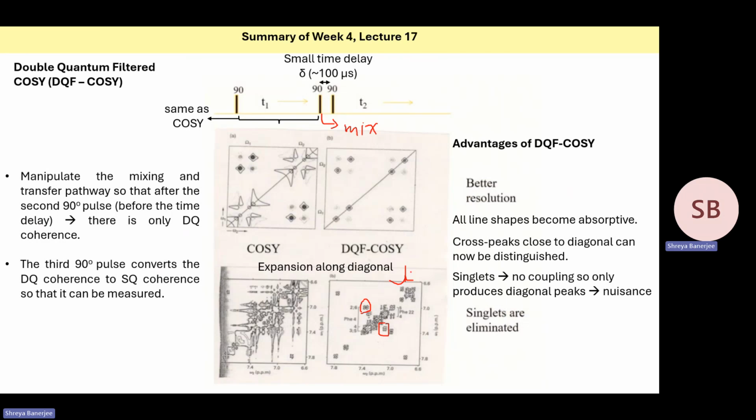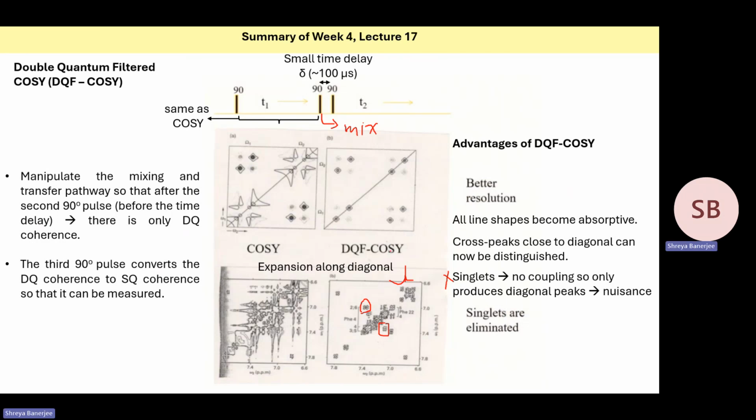If a proton is not coupling with any other proton, it will not generate any cross peak. So that proton will only appear as a diagonal peak and you don't need that because it will only cause confusion. So it is always good to eliminate singlets so that the spectrum is not that crowded.